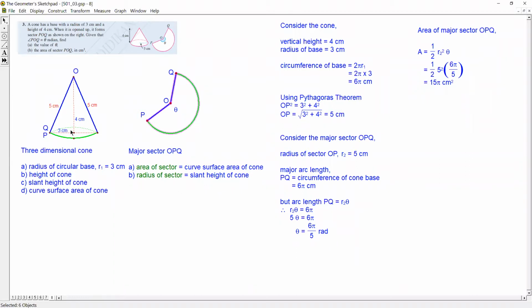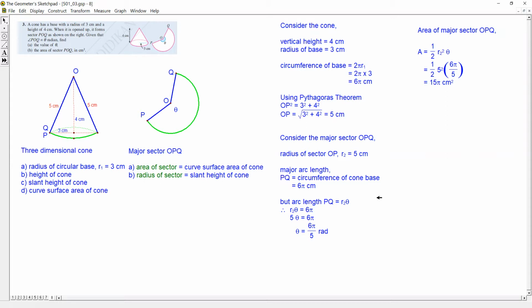It actually comes from the curved surface area of the cone. The radius of this sector is actually the slant height of the cone. So far, any question or not? Can follow?